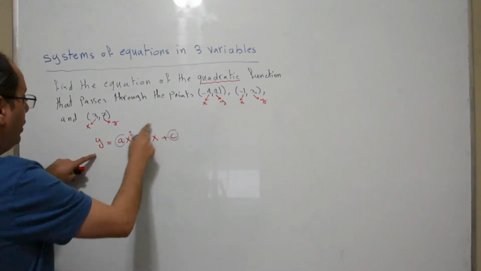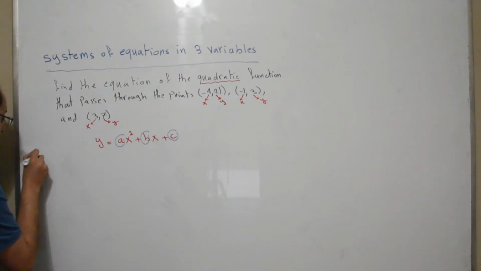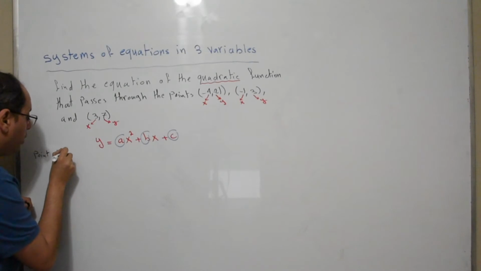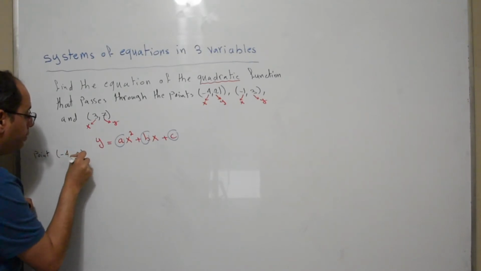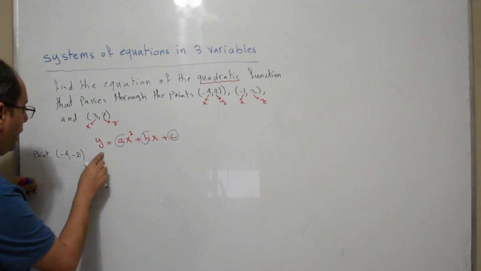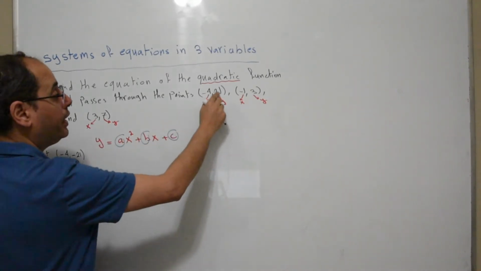Alright, let's start with the first one. I'm going to plug in the point (-4, -21). How much is y? -21.